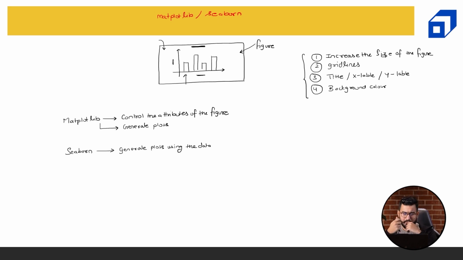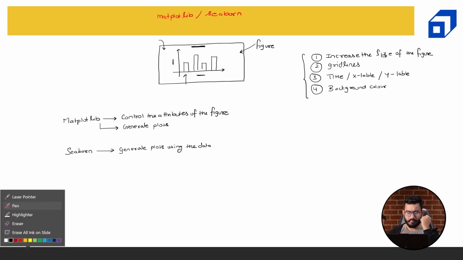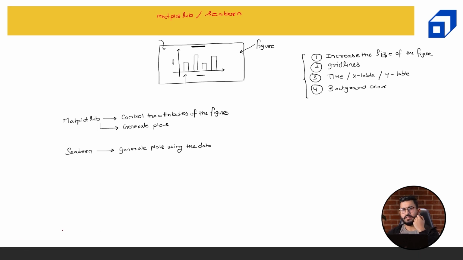Now you must be thinking that if Matplotlib is capable of controlling the figure attributes, as well as generating plots from the given data, then why do we need Seaborn? What is the requirement of Seaborn? Well, the requirement of Seaborn is because of its great functionalities. Creating rich plots using Seaborn is very simple.